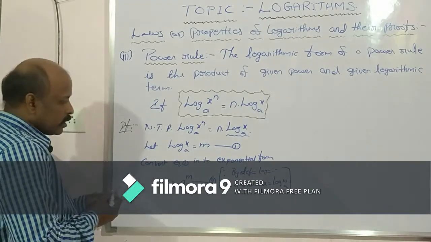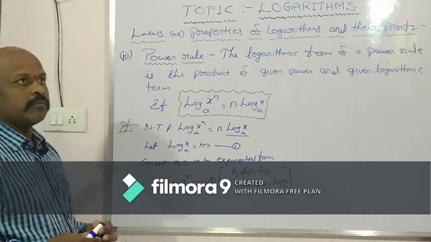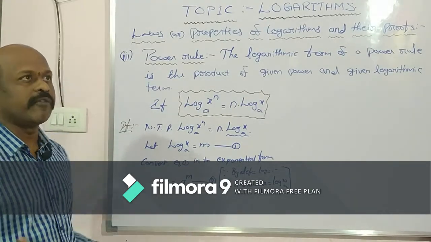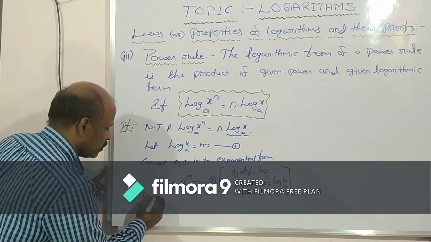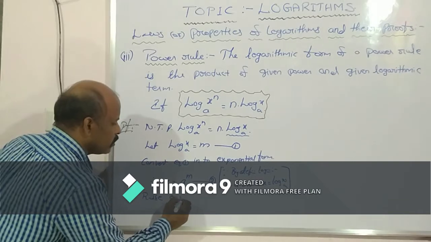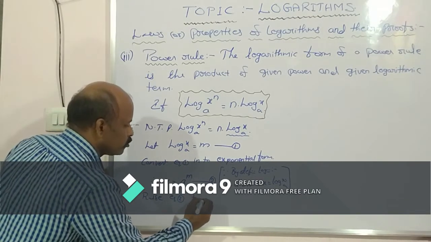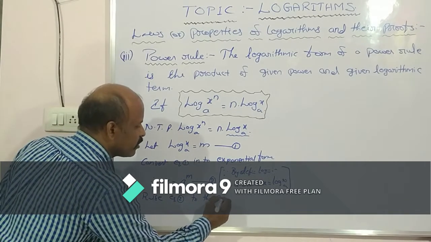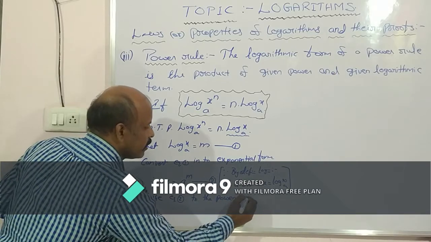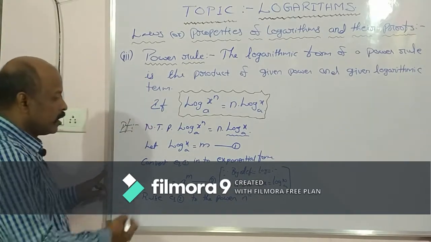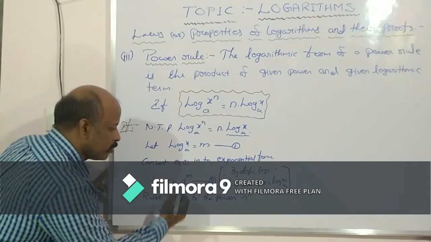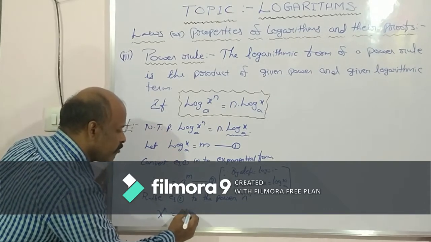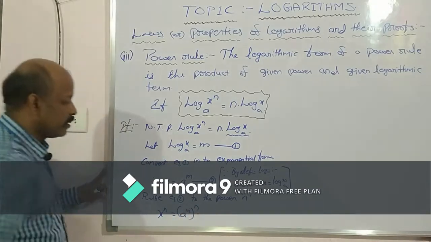Then I am raising equation number 2 to the power n. To the power n means we have to write power n. x power n is equal to a power m whole power n.